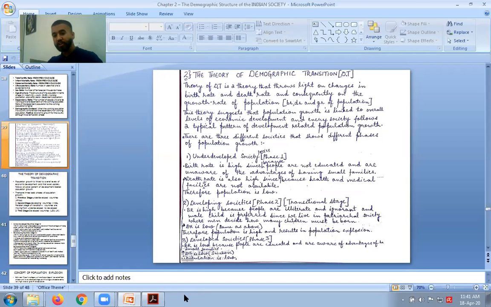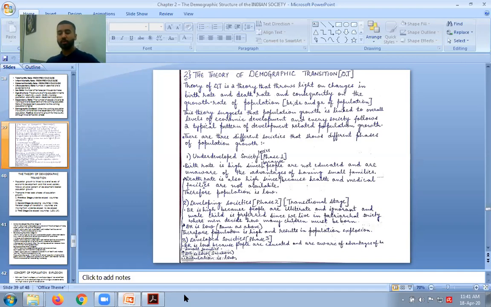So people are illiterate and ignorant, and what they do is they always prefer a male child. Since our society is a patriarchal society where there is male domination, societies like these always prefer a male child, right?